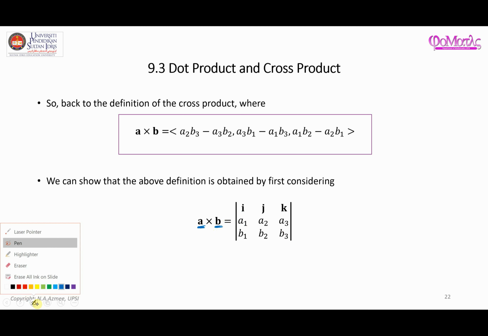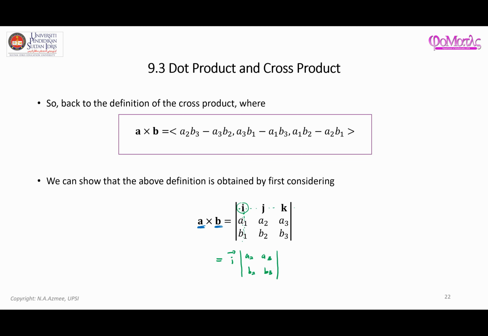Okay, so now according to finding determinant of order 3, so first we can start off by considering vector I. So this is vector I, and then we cross out the line that corresponds to vector I, so you'll be left with A2, A3, B2 and B3.